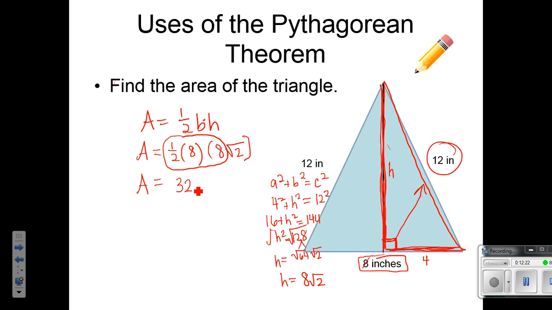So this would be 32 square roots of 2 inches squared, because the base is in inches, the height is in inches, and inches times inches is inches squared. Now we could put this in our calculator and get an approximation, but remember that is not as accurate as 32 square roots of 2. But if we did that, we would get 45.3 inches squared.